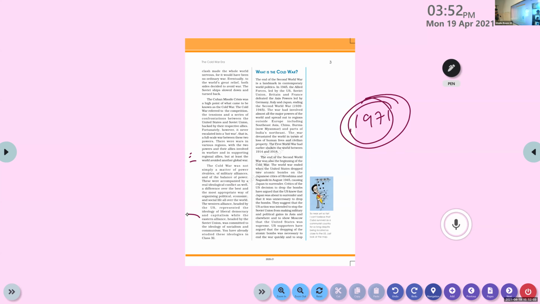So two alliances are there: the Western allies headed by USA, and the Eastern allies headed by USSR. The ideology of USA is liberal democracy and capitalism. So USSR with what? Communism and socialism. These are the two different ideologies of these two different power blocks.